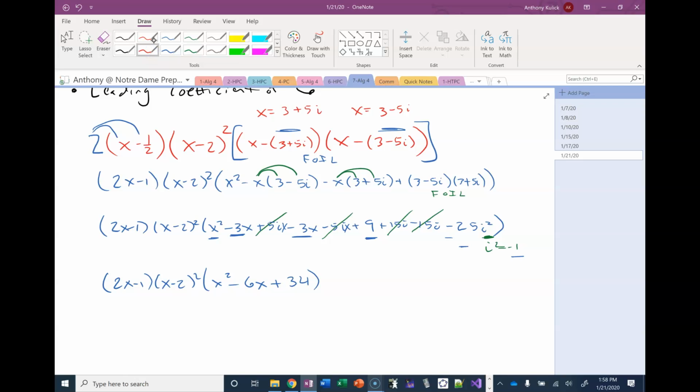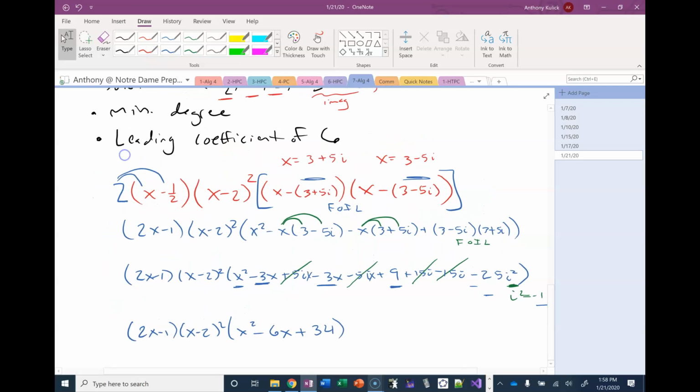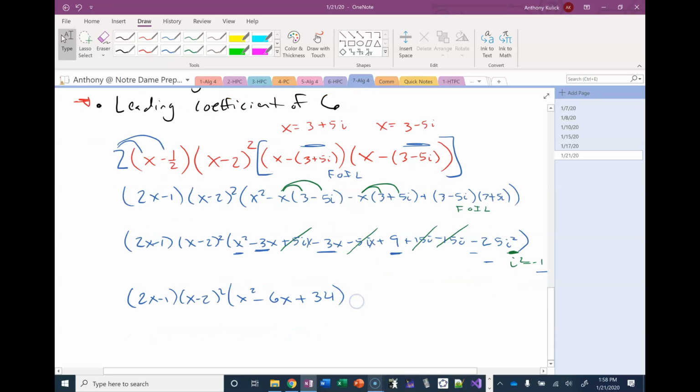Let's go back and check our list. We have the minimum degree part handled because we didn't do anything extra. Leading coefficient of 6. What is our leading coefficient right now? It's 2. You can tell because the leading coefficient is just going to come from the product of the leading terms of the polynomial factors.